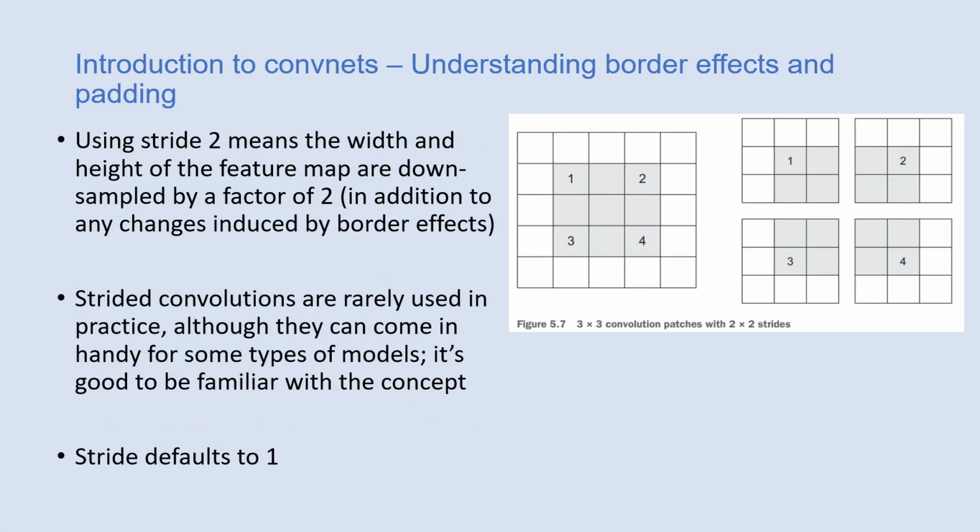Here's an illustration of how strides work in convolution. So a stride is basically a jump. Let's say, for example, we have a stride of 2 by 2. So the iteration goes from here to here to here and to here. And notice that by doing so, the output is going to be downsampled. So instead of having a 3 by 3, we're going to have a 2 by 2.